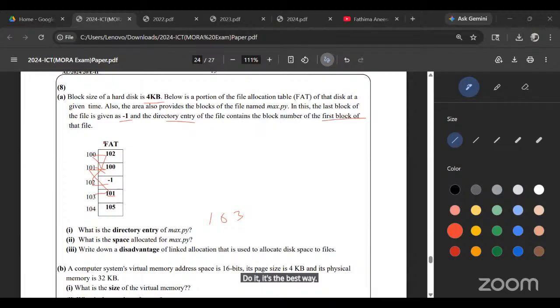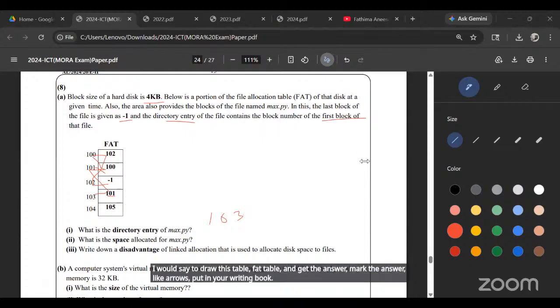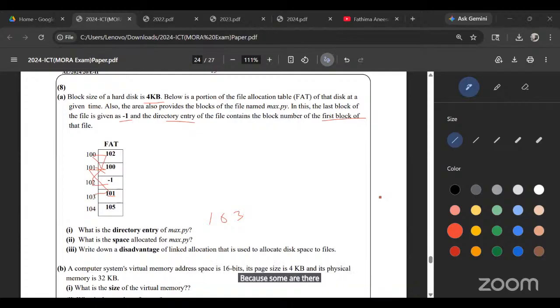I would say draw this table, and get the answer, mark the answer, like arrows, in your writing book. Because some are there who haven't studied those parts. And then put Roman number 1, directory entry is 103.